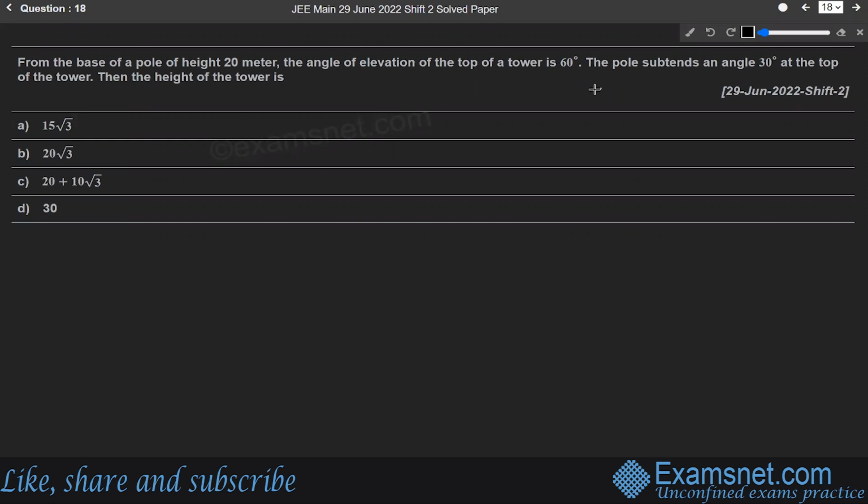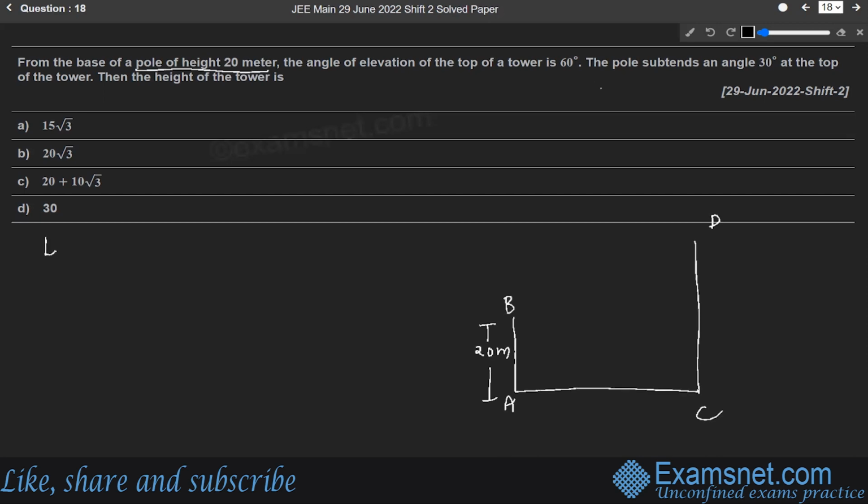Firstly, let us understand the question. We have a pole whose height is 20 meter, and we have a tower. We have to find the height of the tower. So let us consider AB as the pole. This is A and B. What is the height of the pole here? It is 20 meter. Let us consider CD as the tower. We have to find the height of the tower, right?